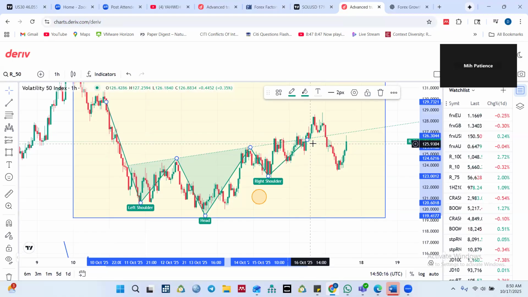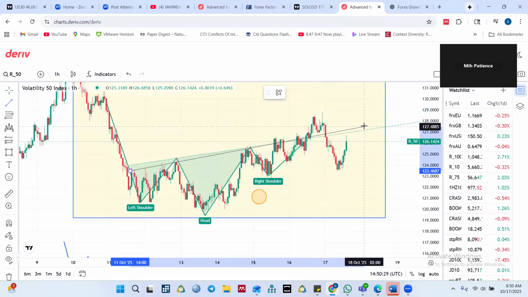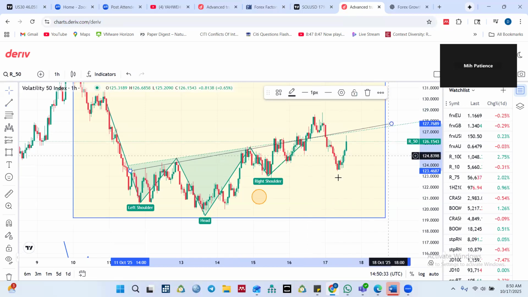Okay, so what we need right now is it breaks out and then drops back below. So you see there is a trend line flowing through here, the head and shoulder. This is the point where we can get the setup rolling.